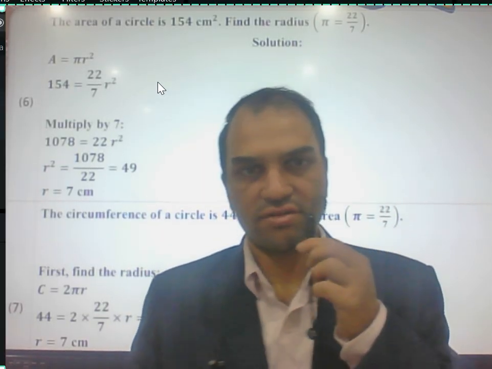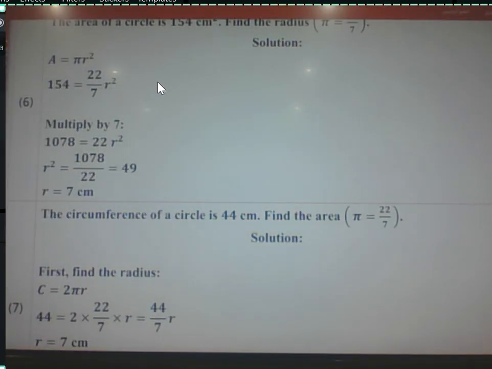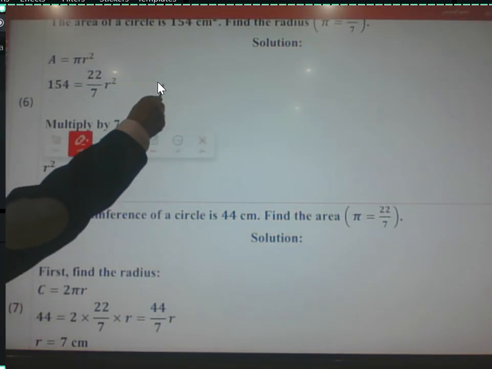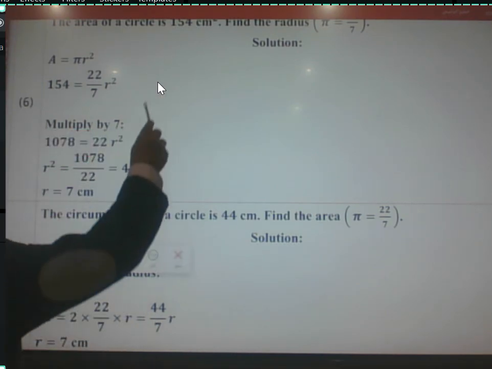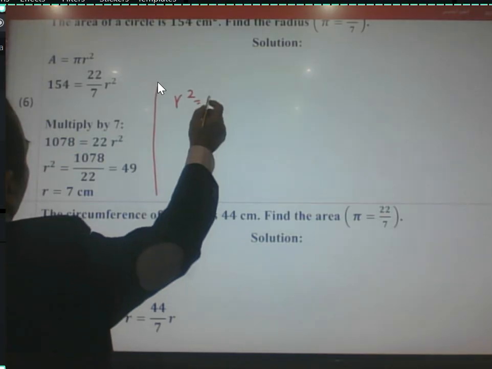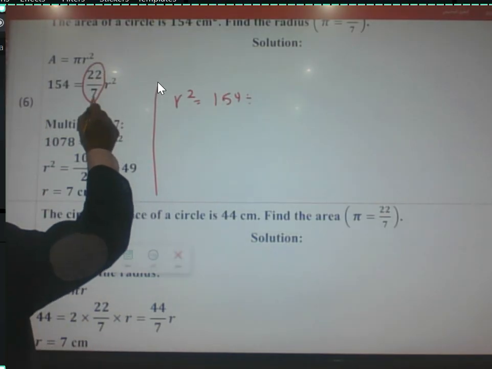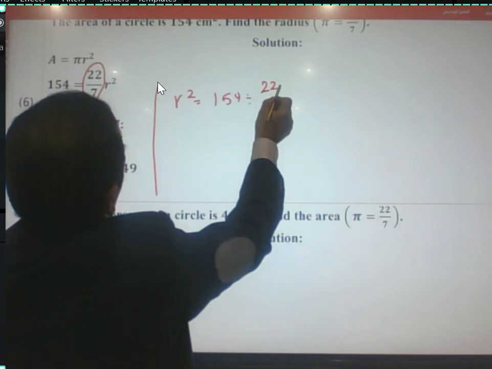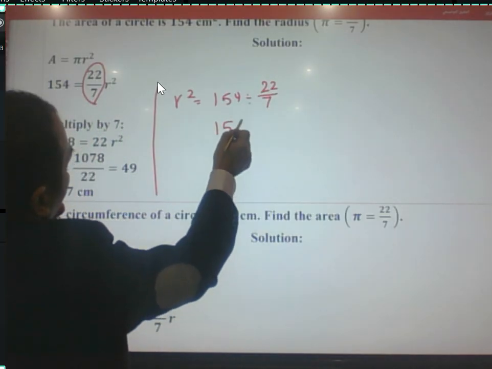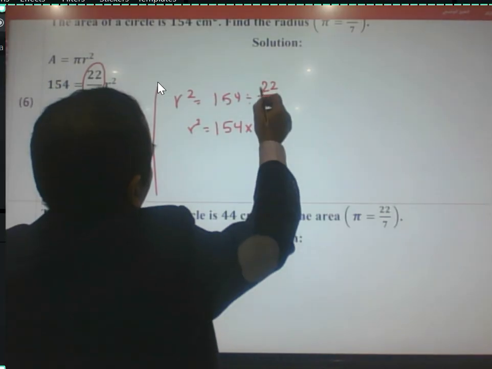You can write here another solution. I will explain it with other steps like this. You can use these steps or another solution like this. You can divide by the coefficient like this. R power 2 equals 154 divided by the coefficient of r power 2, which is 22/7, and then write 154 times the reciprocal of this fraction.